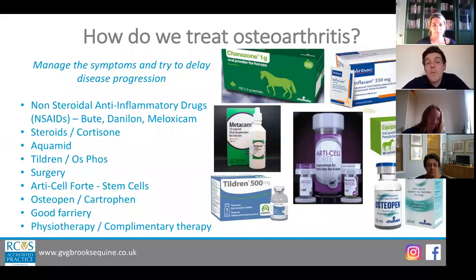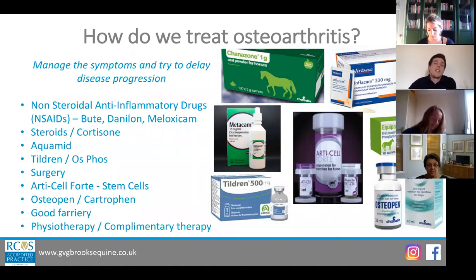The benefit with these that I like is that if you've got a few niggly spots, you might have some nasty hock arthritis that you're keen to treat, and you're reaching for something like Tildren, but because it's treating the horse's whole body and it hangs around in their system for quite a long time, you're treating other areas too.